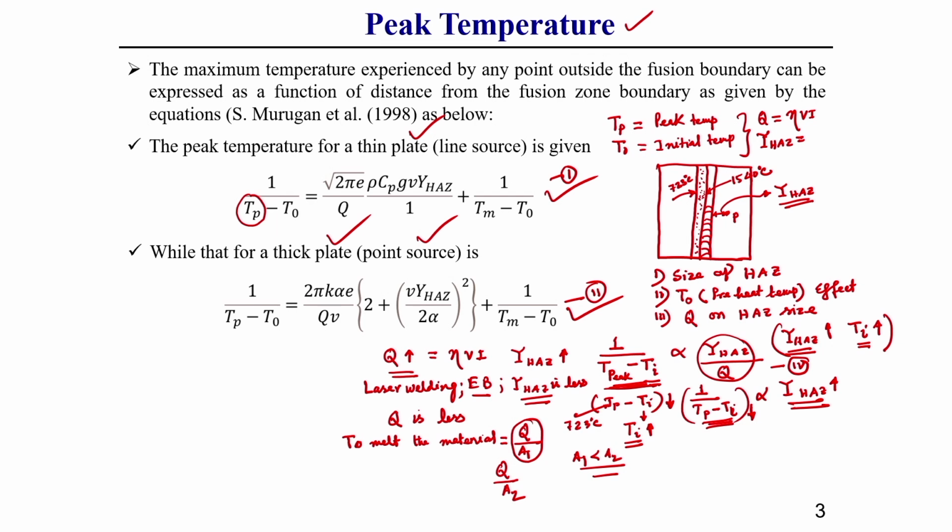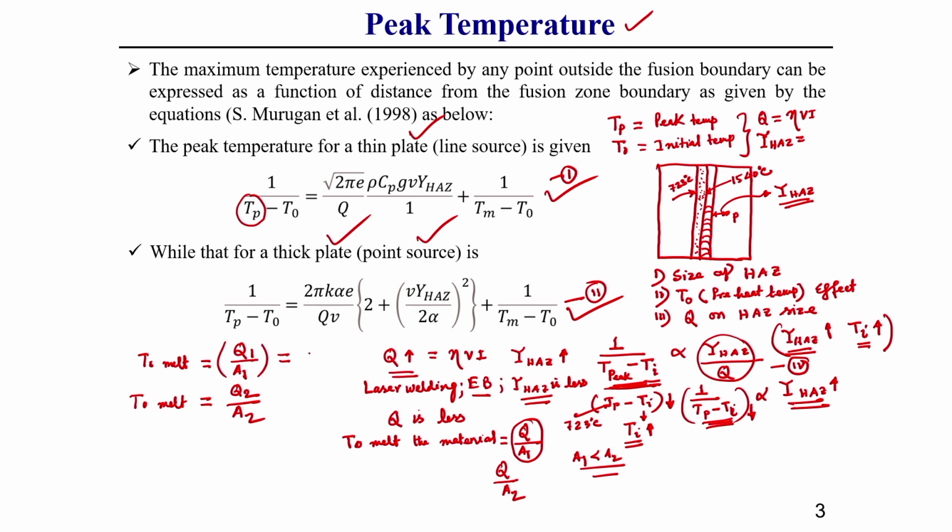Like you see, to melt the material, if this Q is in a small region, then it is Q1 by A1. For another bigger size heat source, Q2 by A2 is required. Now, to melt, generally this heat flux intensity should be the same.